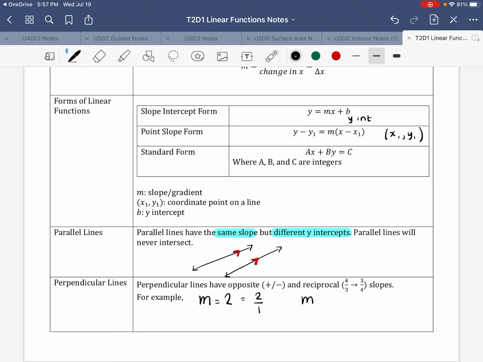So its perpendicular slope, which we're going to use this symbol right here to represent perpendicular, we know that slope is going to be negative, because they have to have the opposite slope. So positive becomes negative. And then we're going to flip our fraction. So the reciprocal of 2 over 1 is 1 over 2. That means our perpendicular slope is negative 1/2.